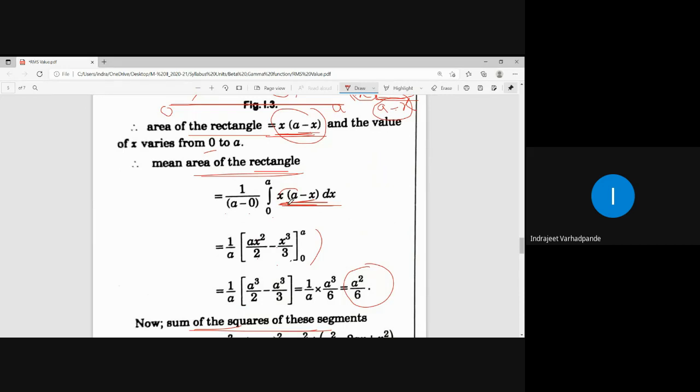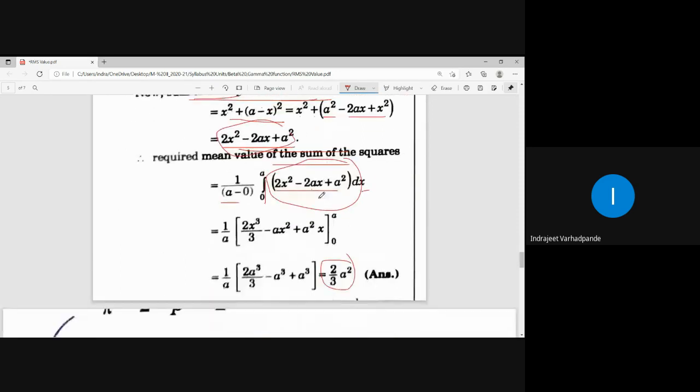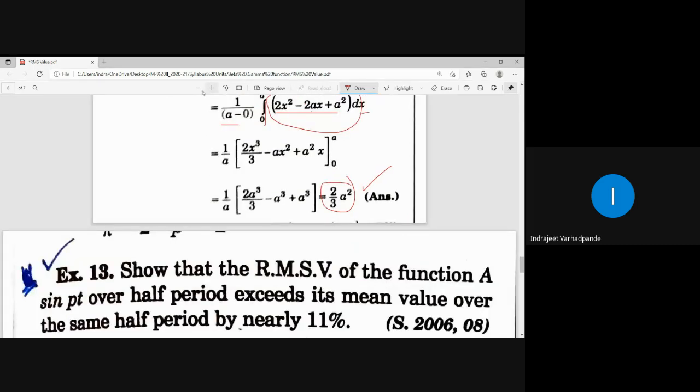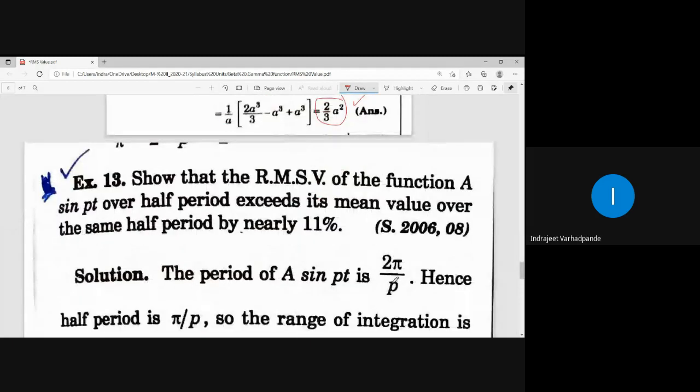Do not take the square. That will be the mean square value. We are only sticking to the mean value for the given function. So this is one of the mathematical word problems wherein we need to generate the function appropriately and get the answer. So this is one of the examples wherein we try to find out the value and simplify it.